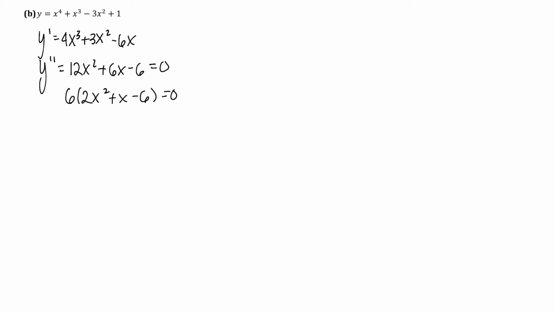Let's see, this one's going to factor into plus 1. It's minus, oh, yeah. I was like, this isn't what I was thinking. Yeah, good call. Minus 1, because you're factoring out that 6. There we go.